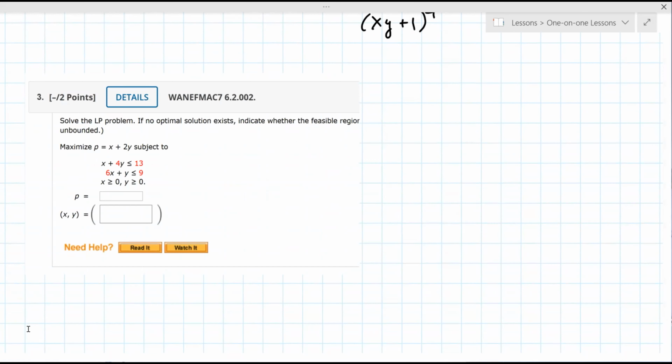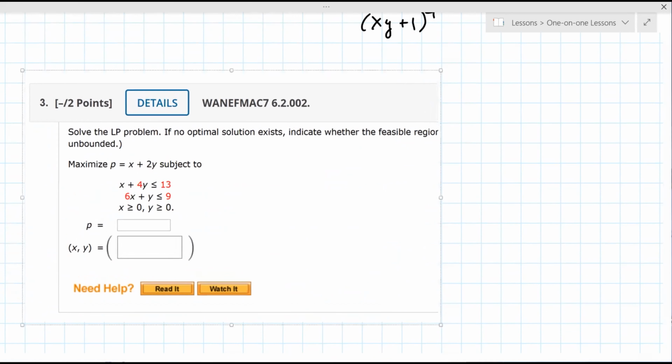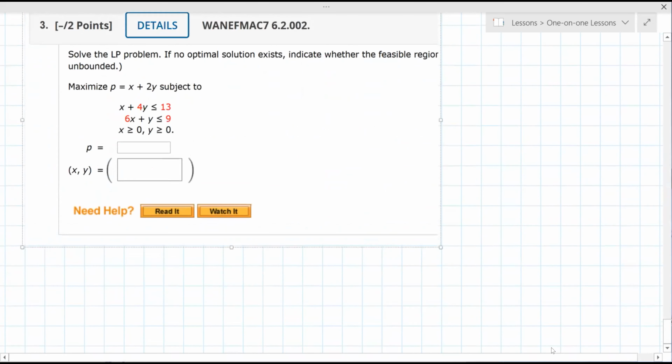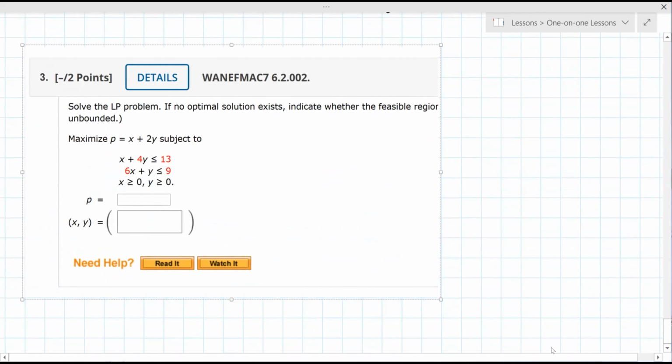All right, so this is part of the lesson where I really can't show you how to do this in your graphing calculator. I can just talk about what you would do. We would assume most of the time that there is an optimal solution to these problems. So when you have a max problem, what you're looking for is called a bounded region.